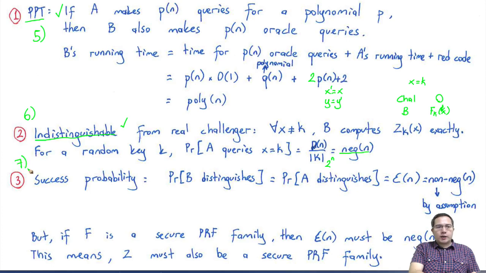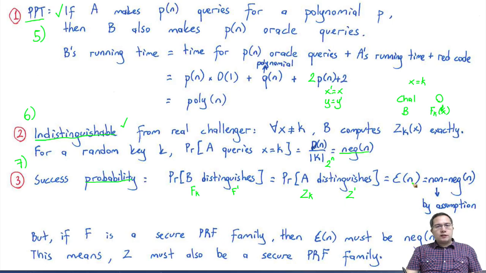Now, seventh part, success probability. Realize that the probability B distinguishes f_k from some random f prime is indeed the same as the probability that A distinguishes z_k from some random z prime.